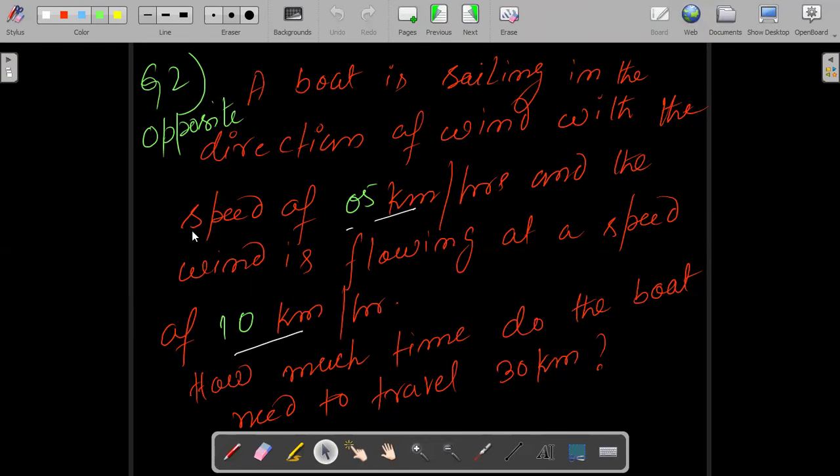Now here, question number 3. Here there will be no opposite direction. These are the 3 questions that you need to solve. I don't think you need to write it.